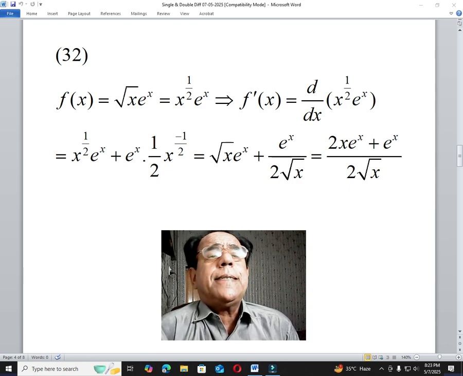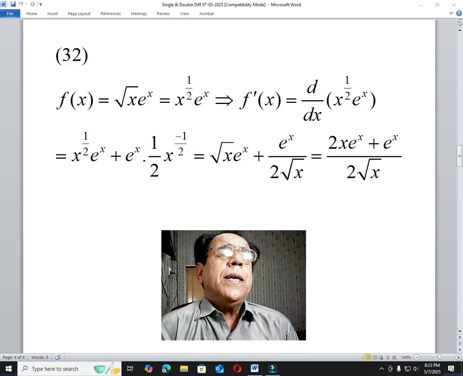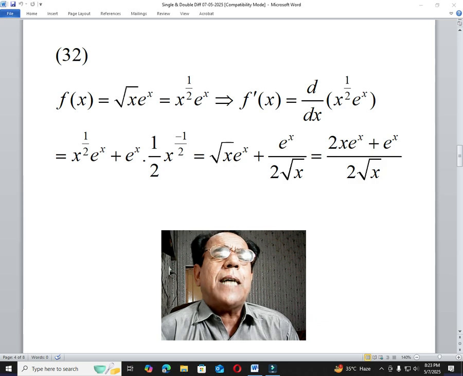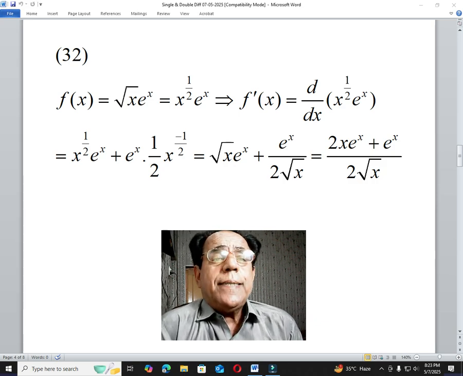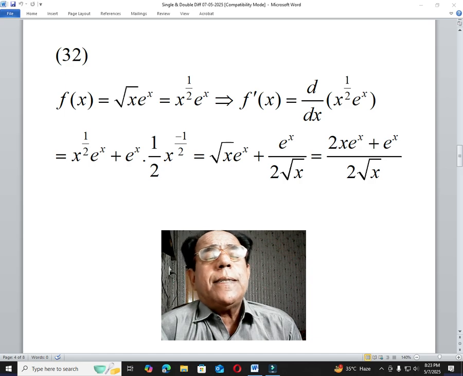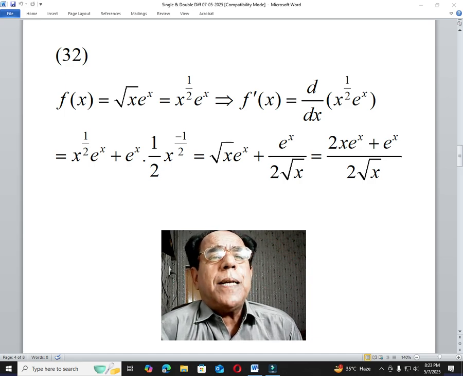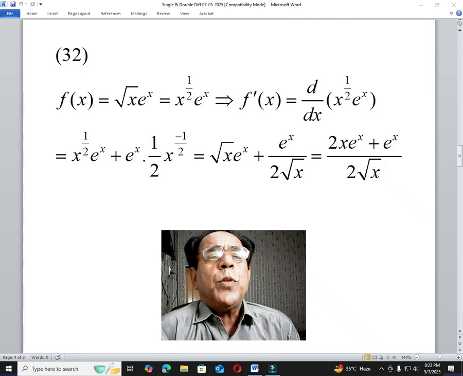Moreover, in the next step, in place of x raised to power 1 by 2, we have written it in the form of x square root. So our next step becomes square root of x into e raised to power x plus e raised to power x in the numerator over 2 into square root of x.